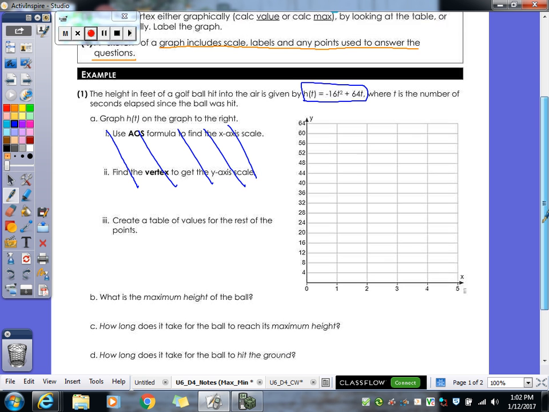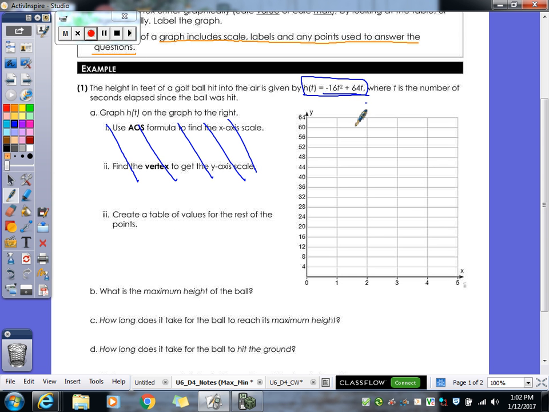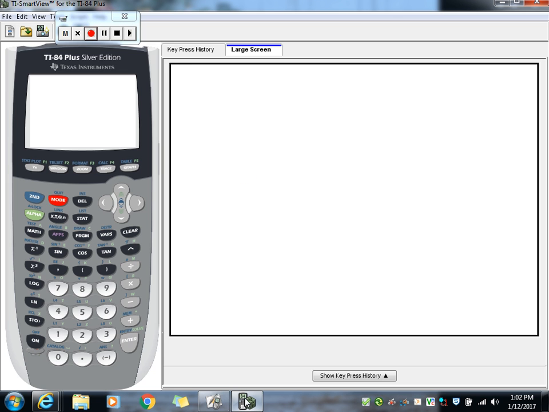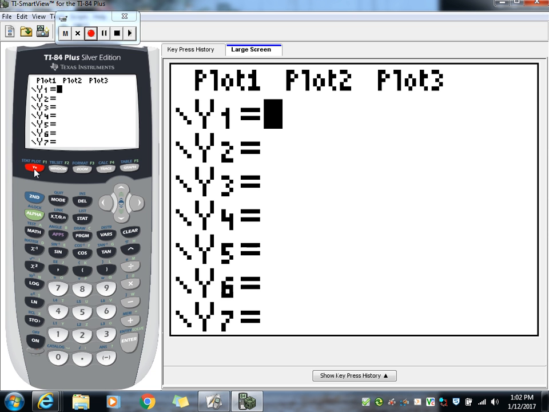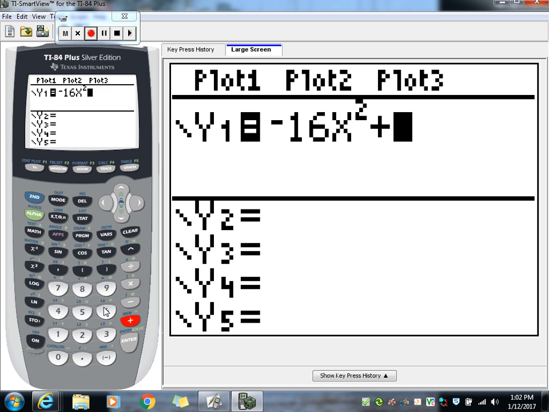So in your calculator under y equals, I want you to type in your negative 16t squared plus 64t. In your calculator, you can't type a t, so you're going to type in an x instead. So we're going to do negative 16x squared plus 64x.